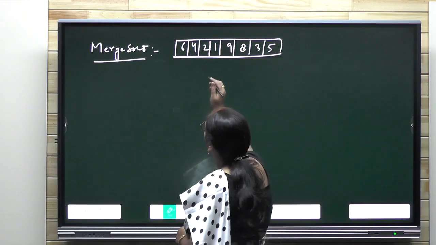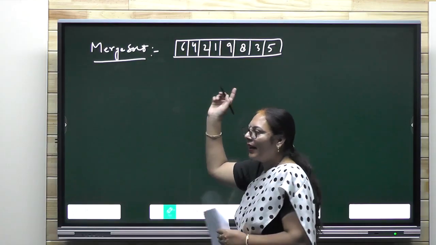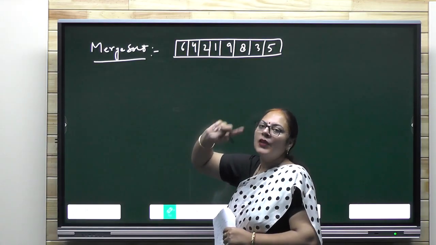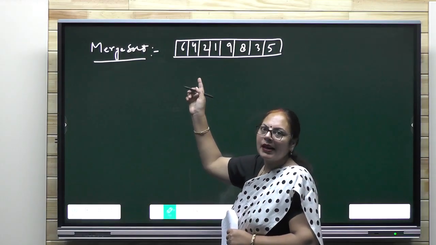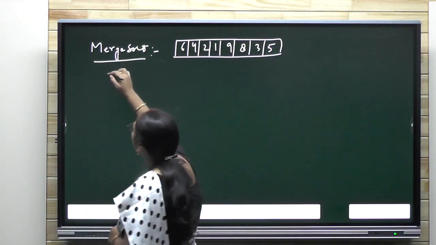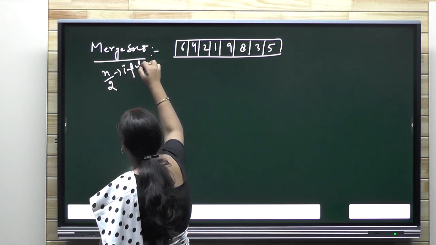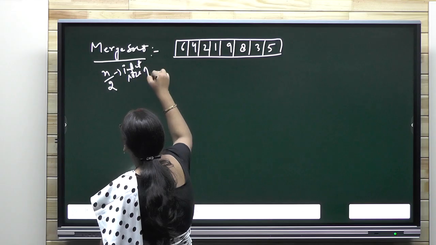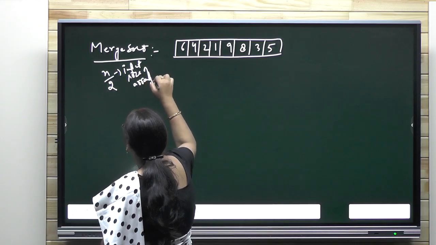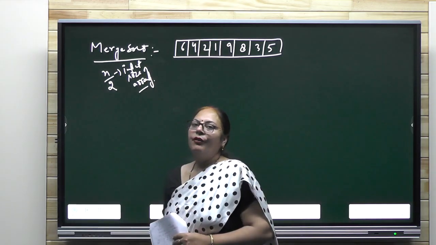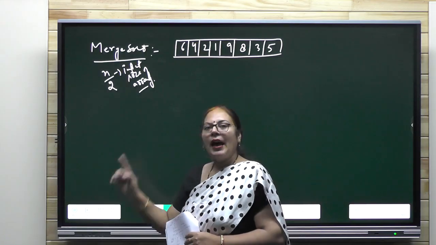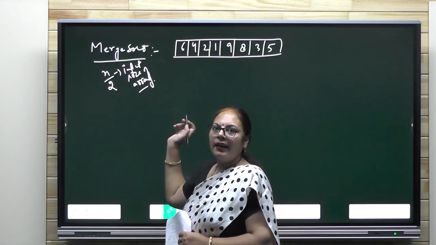We divide the array based on the number of elements: if n is the input size of the array, then we take the floor value of n by 2 and divide the elements like that.